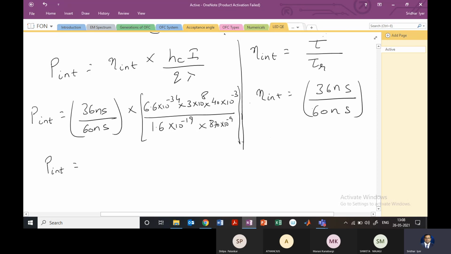So I'm also calculating. Let me know what answer you get. So we can cancel this nanosecond and nanosecond there. So you get 36 by 60.